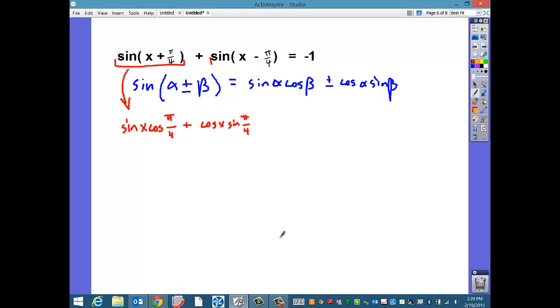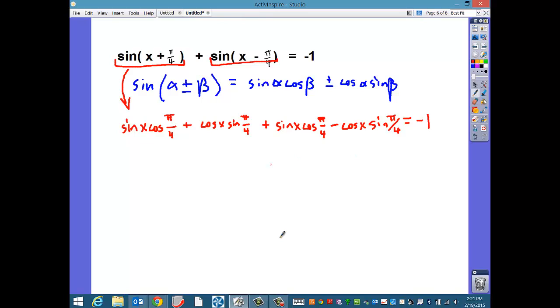Now we're going to do this. So let's bring down our addition operator. And we've got the sine of, so it starts the same way. Cosine of pi over 4. But now since I have a subtraction operator, I'm going to use it here. So I've got cosine of x sine pi over 4 equals -1.